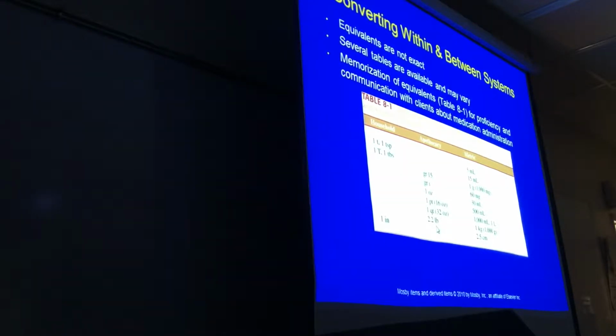But I want you to use the accurate measurement because we're talking about medications. And 2.2 pounds is 1 kilogram. And just remember, I mentioned it on Web Study, that 1 inch is 2.54 centimeters, not just 2.5. That is the more accurate measurement, with 2 decimal places.